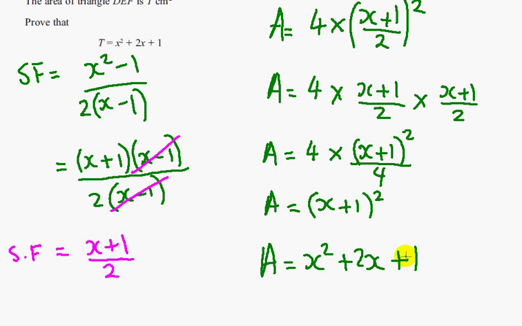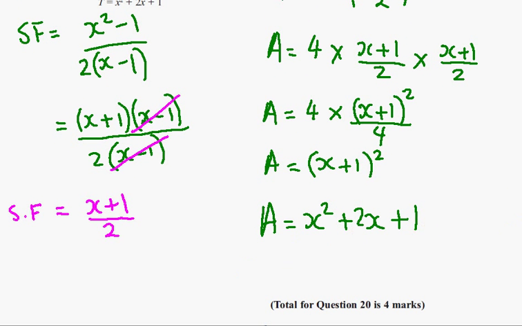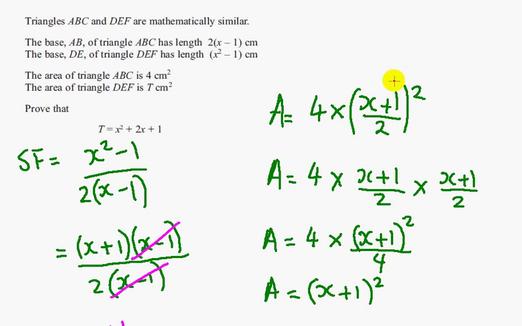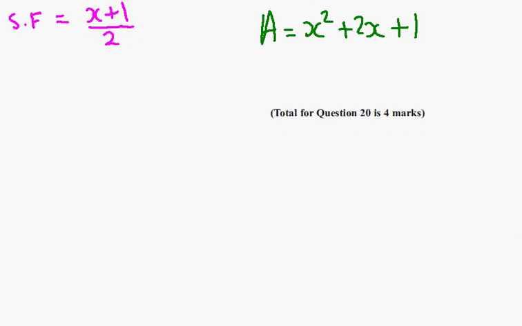Okay. So question 20 is worth 4 marks. Now before I do that, I just want to explain why this bit was the scale factor squared. Okay. So let's take a normal square and let's pretend that the square is 2 centimeters by 2 centimeters.